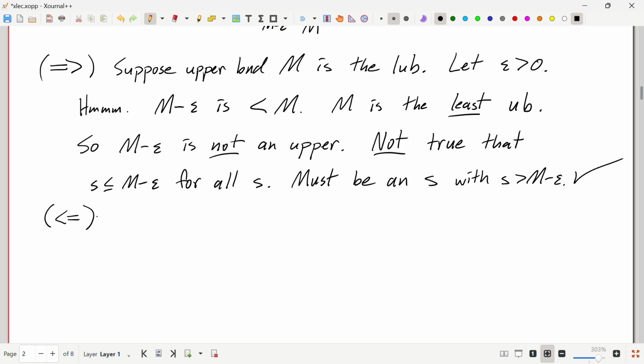I'm assuming this property, this sentence about for any epsilon there's an s.